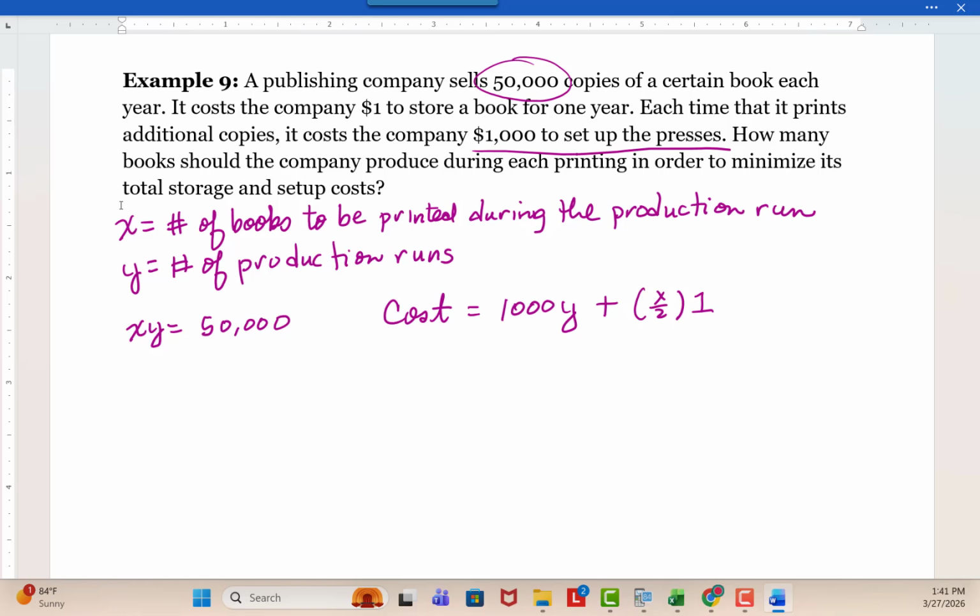We could say that y is equal to 50,000 over x. So we're going to say C of x is equal to 1,000 times 50,000 over x, plus x over 2.